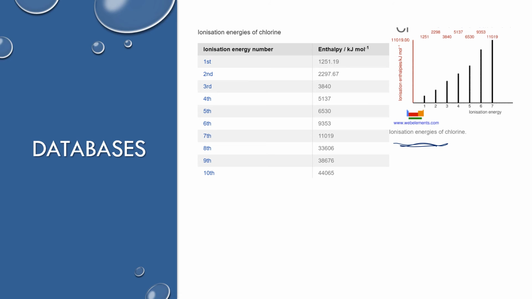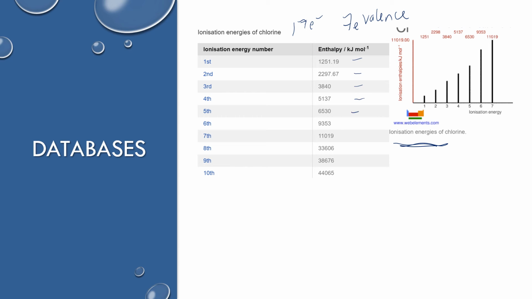I pulled chlorine here. Chlorine has 17 electrons, and 7 of those are valence electrons. If we look at chlorine, we see our enthalpy values, which is just a way of measuring ionization energy.